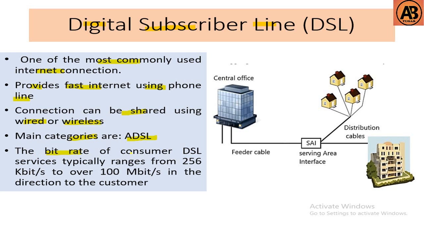The bit rate of consumer DSL services typically ranges from 256 kilobit per second to over 100 megabit per second in the direction to the customer. So this is the DSL digital subscriber line, the central office, then distribution cables and servicing area interface.